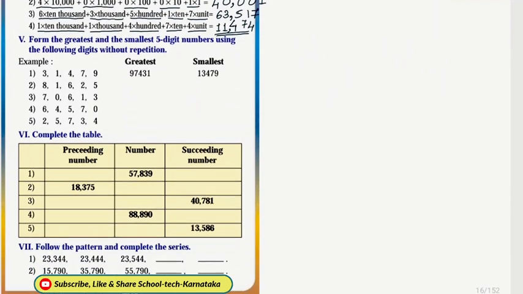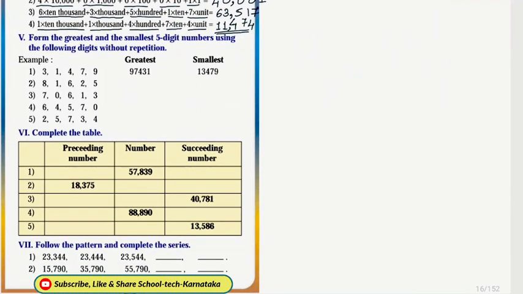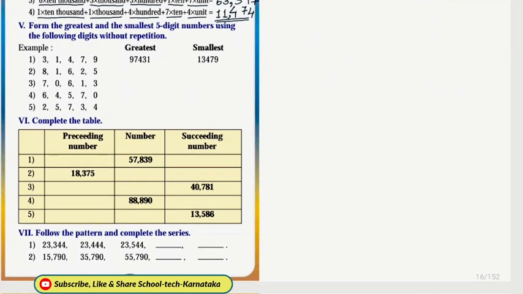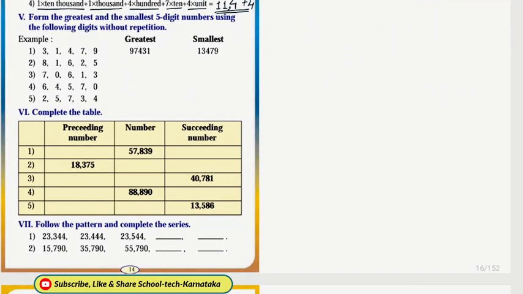Next, move to our fifth exercise. Form the greatest and the smallest 5-digit numbers using the following digits without repetition. So, to form the greatest 5-digit number, what do we need to do first?